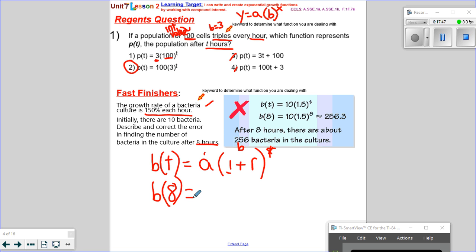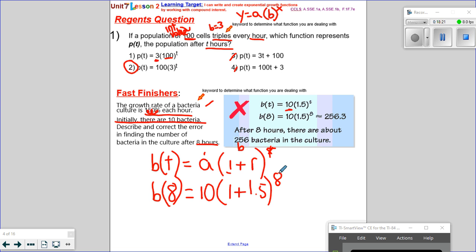But the a, remember, is the initial value. Initially, there's 10 bacteria. They didn't make a mistake with that. But this is where the mistake came. The rate is 150%. So you're going to move this over 2 places to the left to make the percent a decimal. And you have this 1.5 to the 8.